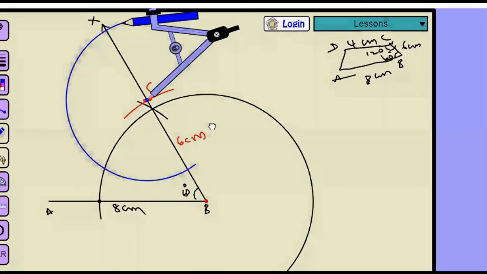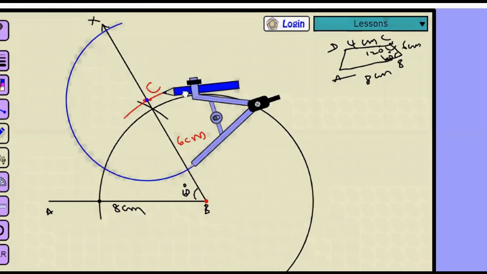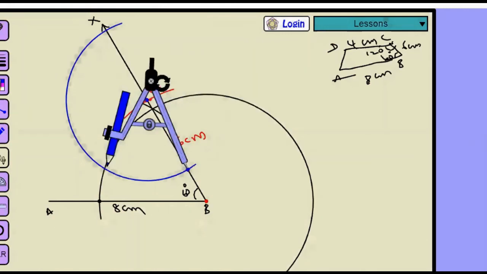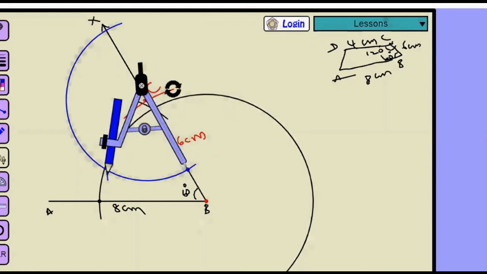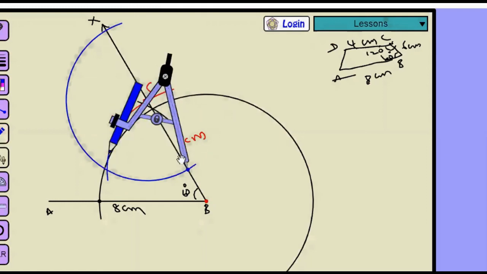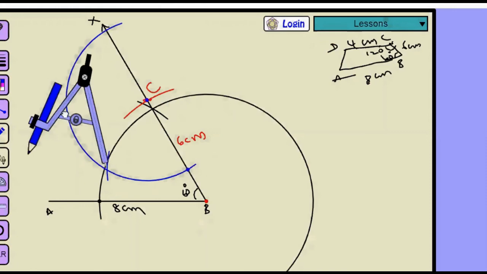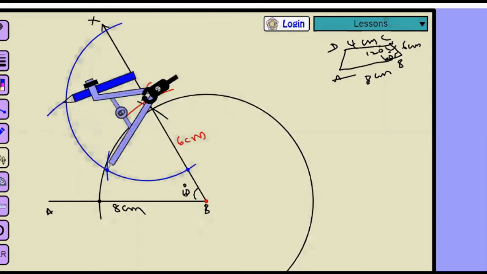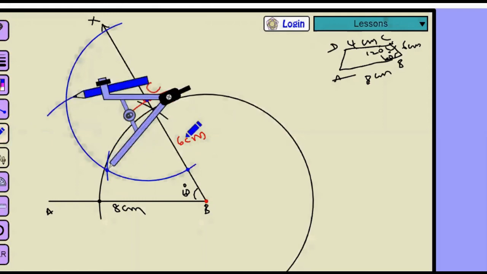Now we are going to construct with this point. With the same radius, draw an arc which cuts the previous arc at the point for 60 degrees. Now we are getting here 60 degrees. With the same radius, from this 60 degrees point, we are going to make an angle of 120 degrees. I mean, we are going to draw an arc which cuts the previous arc at the point for 120 degrees.